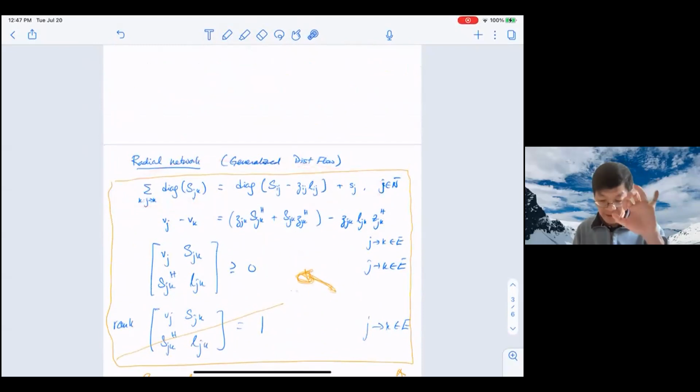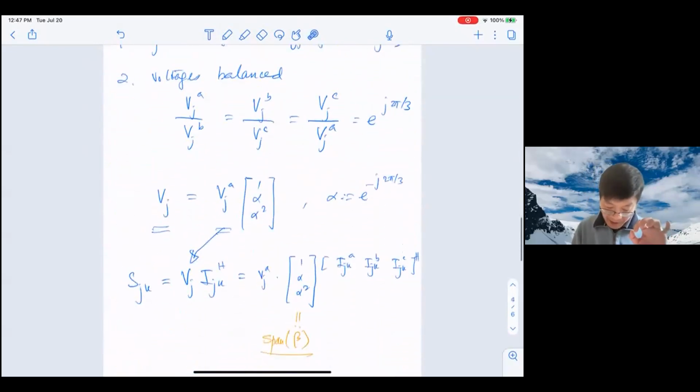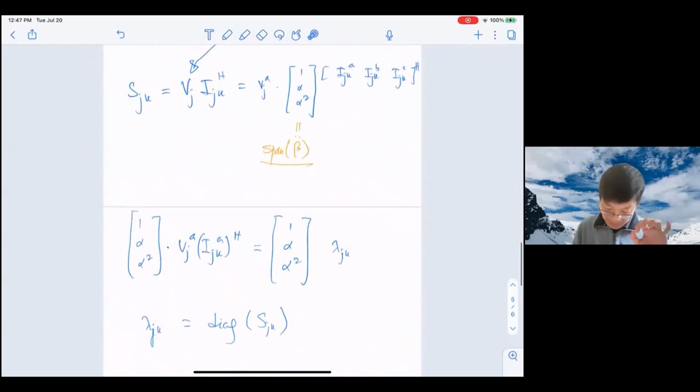So once you have the SJK on the diagonals, then you can figure out the off diagonal through this. So you take the diagonal entries of SJK, which you have determined, that gives you the 3-dimensional vector, and this is the first element.